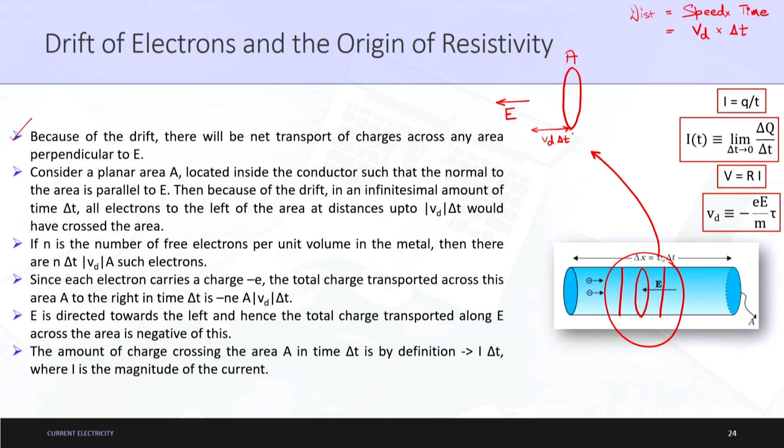Let us say this line denotes the electrons at this portion, then after time delta t these electrons would have reached this portion. This is only the concept being explained in the first slide, nothing else. So there is a movement of charged electrons in this direction in some time delta t. This has been explained, let us move on.